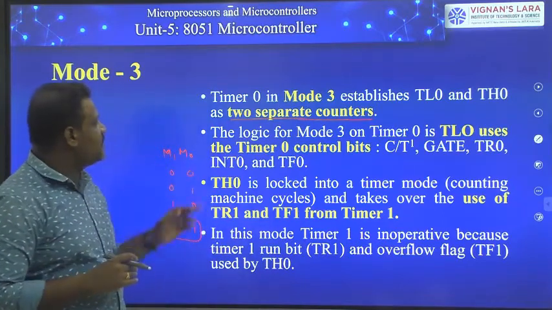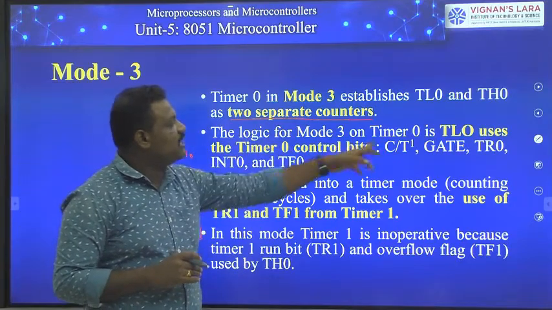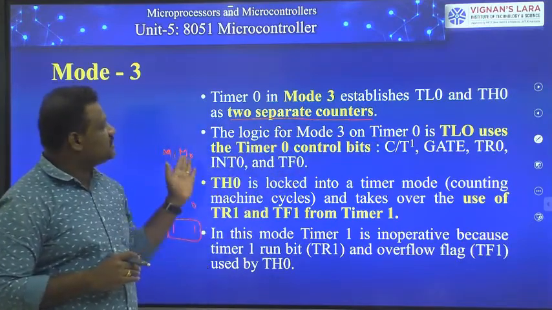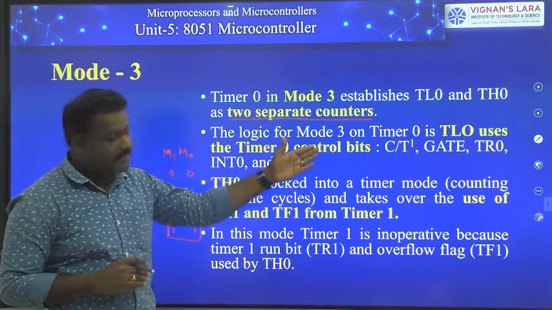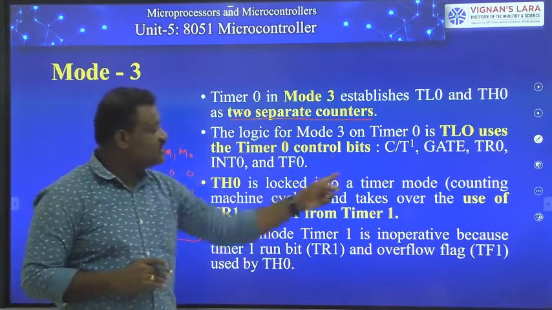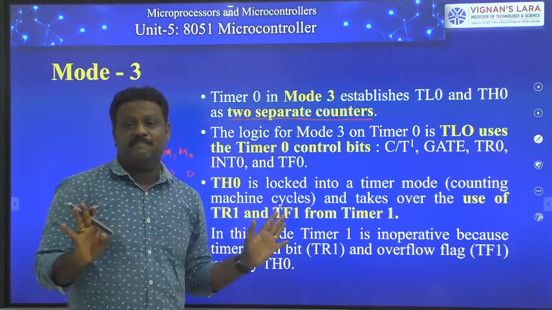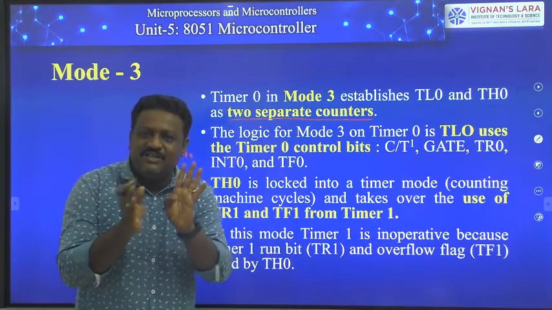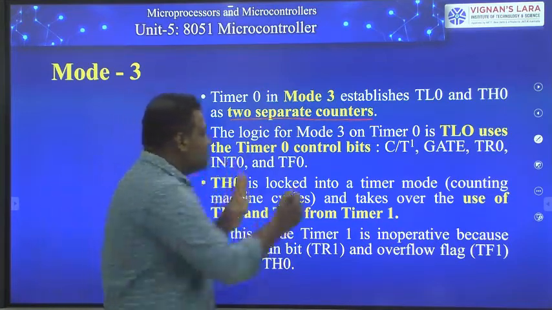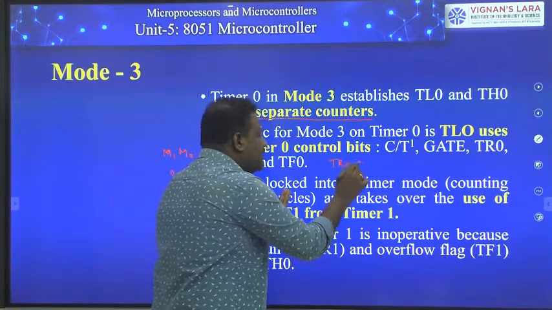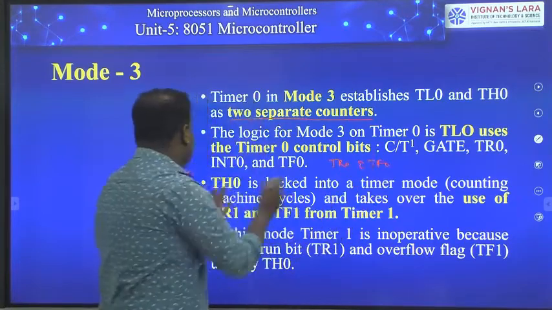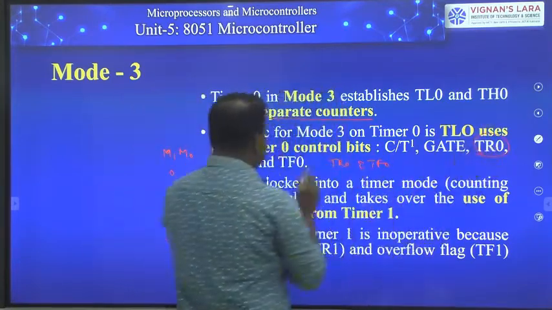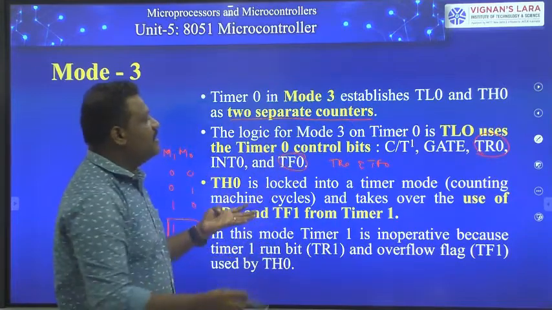See here, friends, that's what I am saying. The logic for mode 3 on timer 0 is that TL0 uses timer 0 control bits and TH0 uses timer 1 control bits. Timer 0 related control bits means TR0 and TF0, and both are used by TL0.